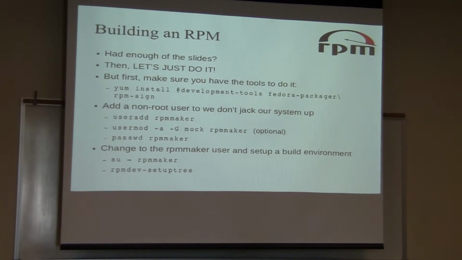And then it also builds out the build tree the way it needs to be to build an RPM. So it'll create an rpmbuild directory along with RPMS, SOURCES, SPECS, SRPMS, and BUILD folders. It's going to build some extra stuff there for us. So let's go ahead and do that.